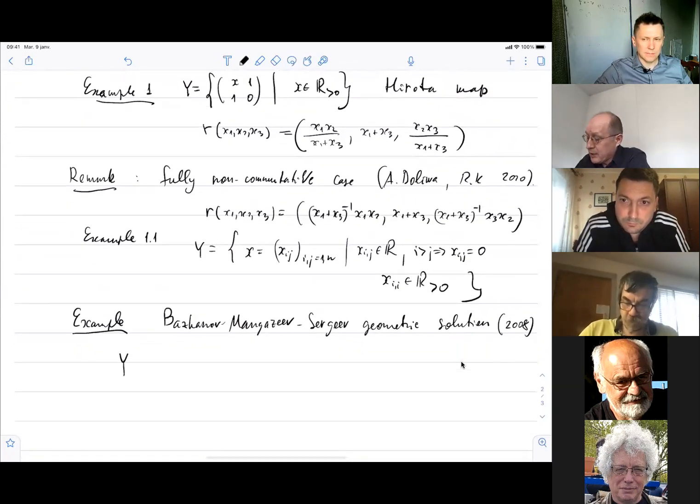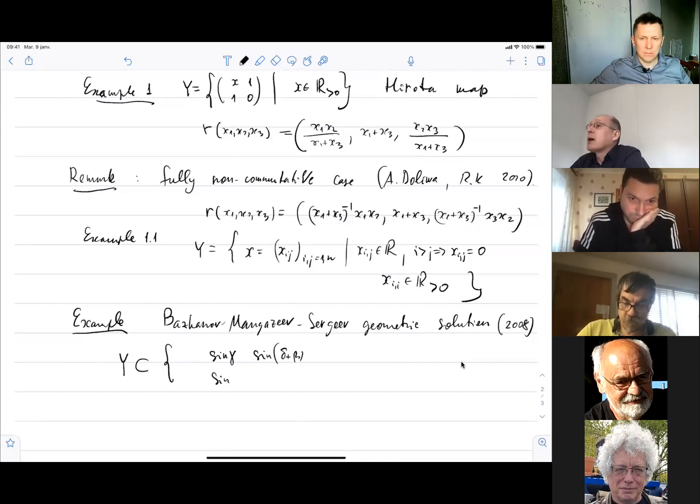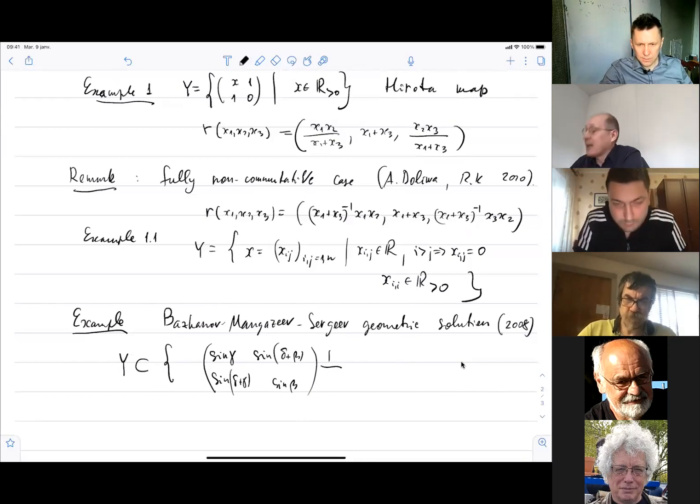What is it? So Y, let me put it, Y may be contained in the set I'm going to describe. It is a 2 by 2 matrix, real valued, given by the coefficients sine of gamma, sine of delta plus beta, sine of delta plus gamma, sine of beta, and everything is divided by sine of delta.